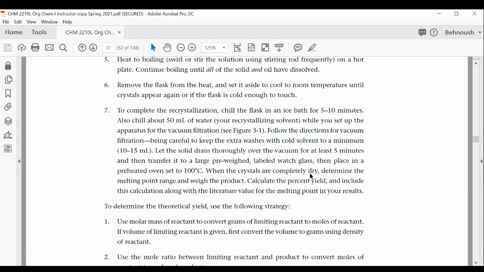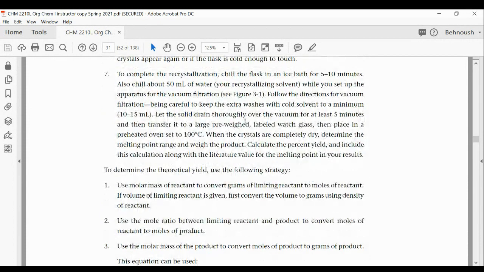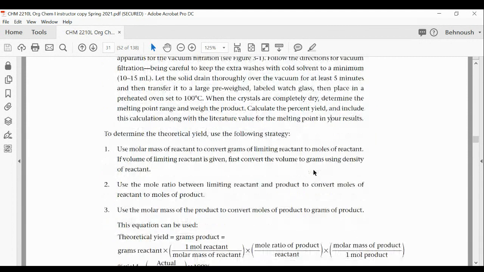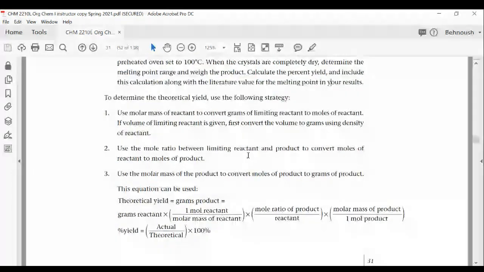And from the procedure, if you are patient and read it carefully, you see that it's telling you to determine the mass, to determine the melting point. So it's not just theory.